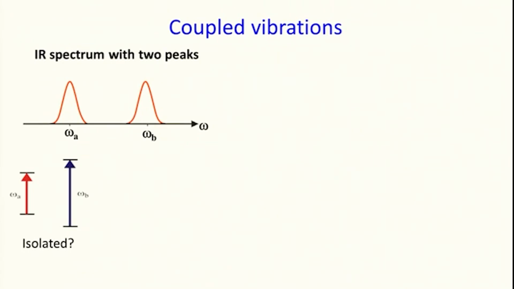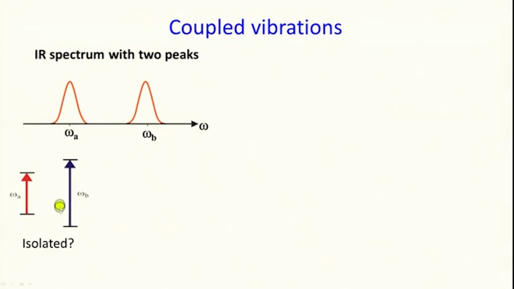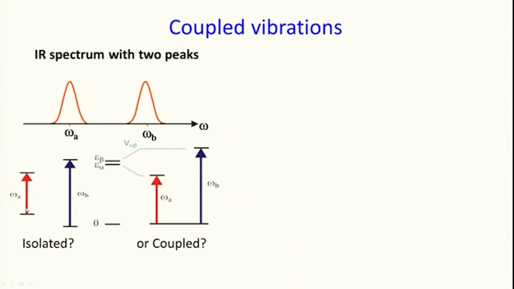As we know, molecules have these normal modes of vibration, and each normal mode can be modeled as a harmonic or anharmonic oscillator. Now let us say we have oscillators that are not coupled with each other, then we expect to get two bands like this due to two transitions like this. But from this spectrum, can we say that the picture is what we have drawn already and not this one? How do we know that the vibrations are not coupled?